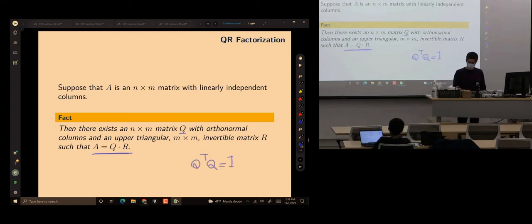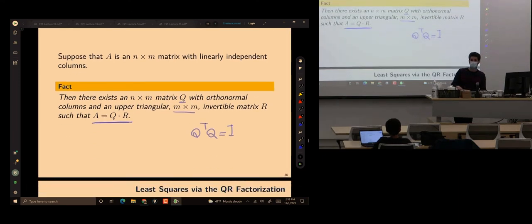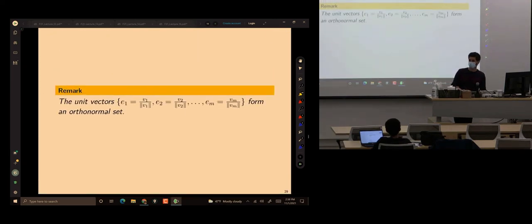You get Q times R. R is m by m, square, invertible, and upper triangular. Q is n by m, orthonormal. That means its columns are orthogonal and normalized. Normalization is when you divide the vector by its norm, so that the norm of the new vector here, E, will be 1. Orthogonal and normalized is then orthonormal.